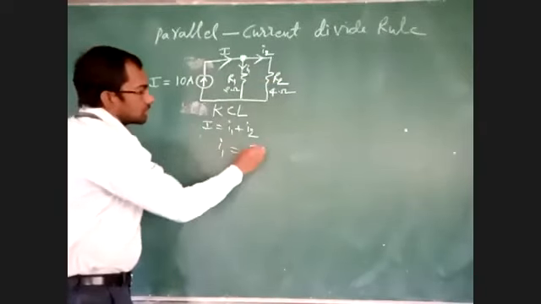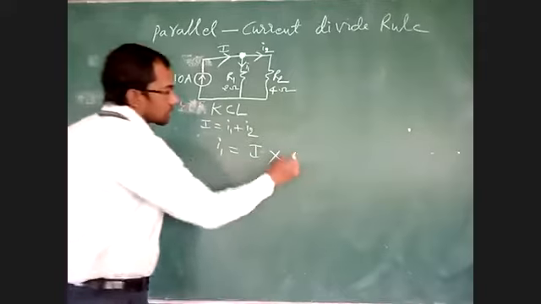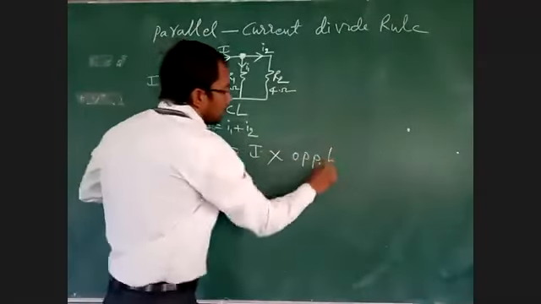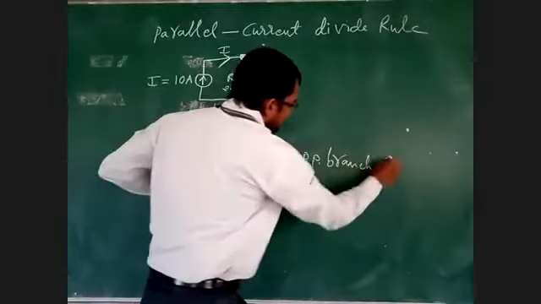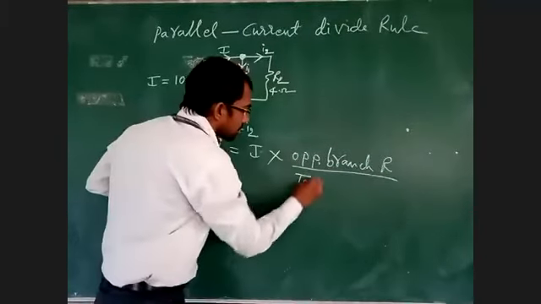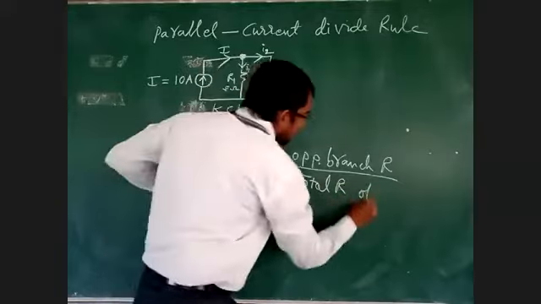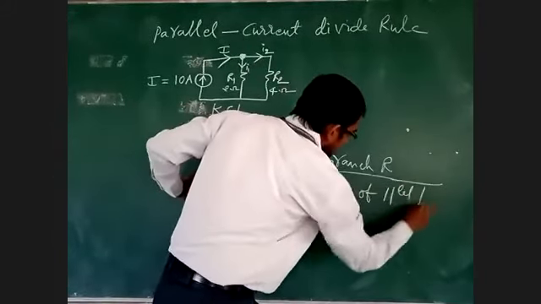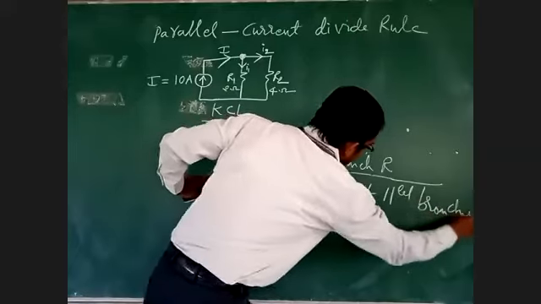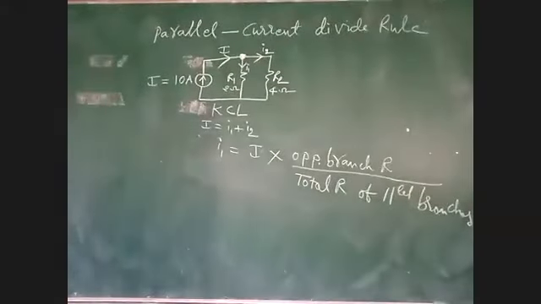I1 is equal to total current I into opposite branch resistance by total resistance of parallel branches.